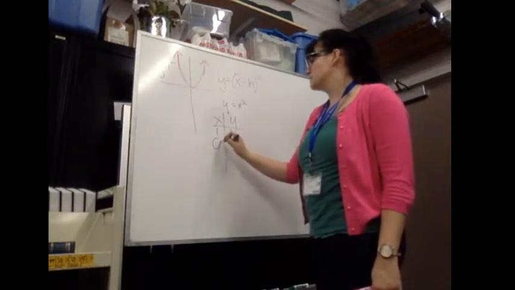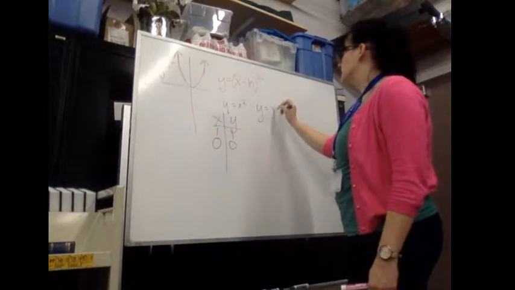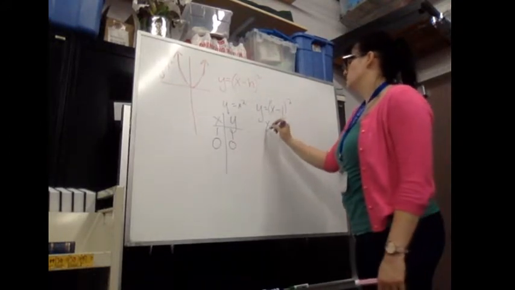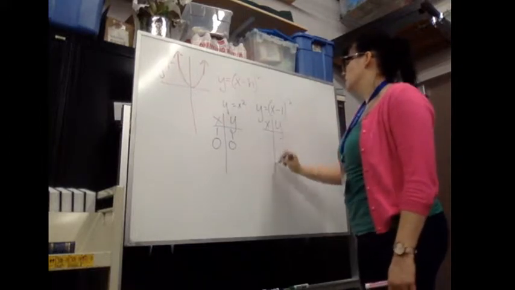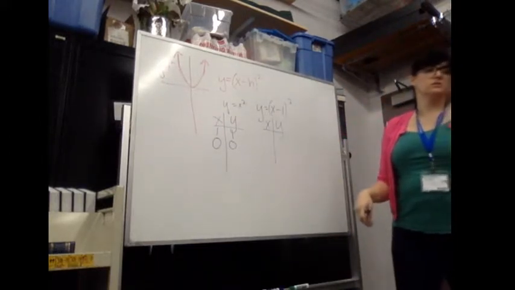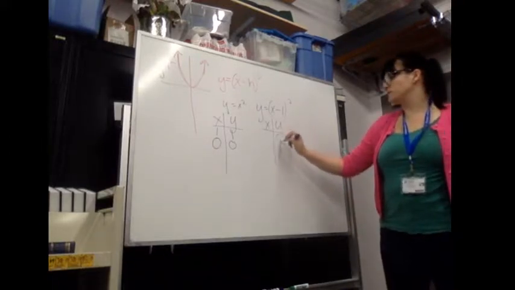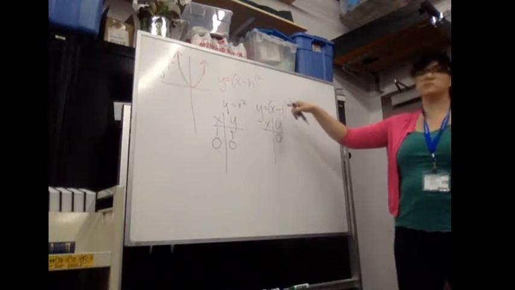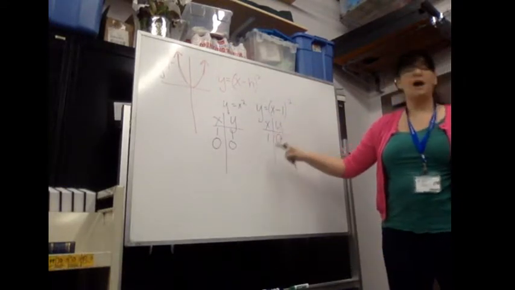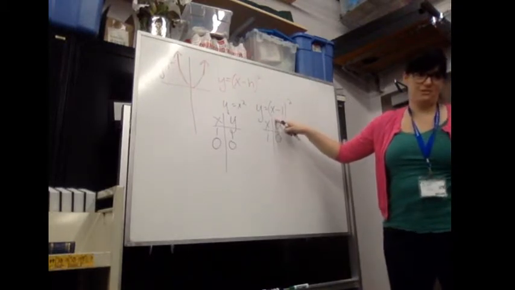I plug in a 0, and I get a 0. If I have y equals x minus 1 squared, now what do I need to plug in to get 0? If I want my y to be 0, 0 equals x minus 1 squared. What does x have to be? A positive 1, even though it's x minus 1.